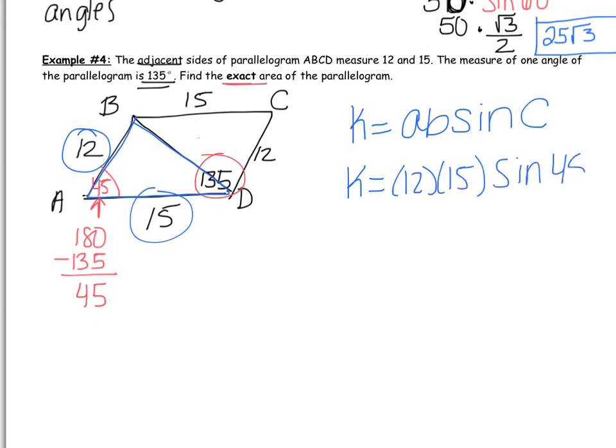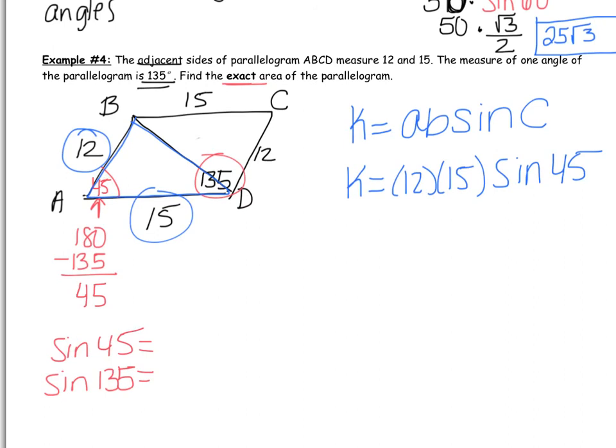Now the reason why this works out is because sine of 45 and sine of 135 are the same thing. If you don't believe me, put it in the calculator. Put in sine of 45 and put in sine of 135. I guarantee you they'll both be the same answer. So I chose the 45 because then I didn't have to use quadrants or CAST. If I did, I would get the 45.